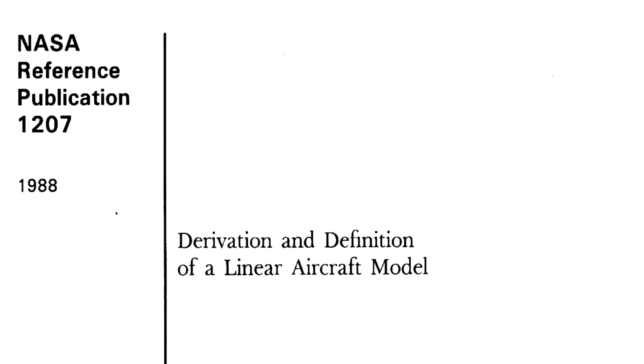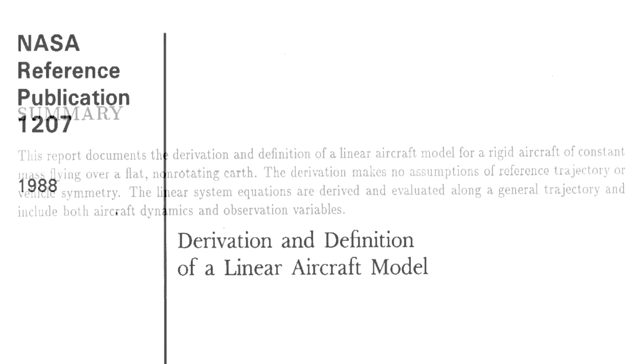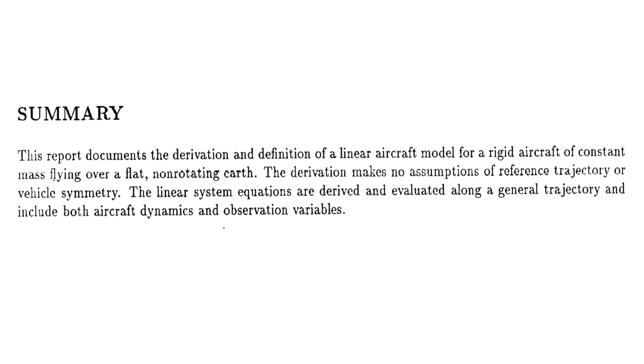11. Also in 1988, NASA published a 100-page document titled Derivation and Definition of a Linear Aircraft Model, which, in its opening summary on page 6, states, "This report documents the derivation and definition of a linear aircraft model for a rigid aircraft of constant mass flying over a flat, non-rotating Earth."